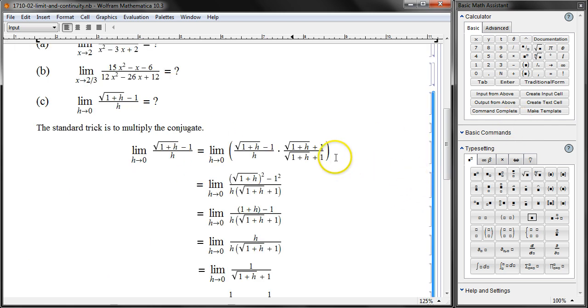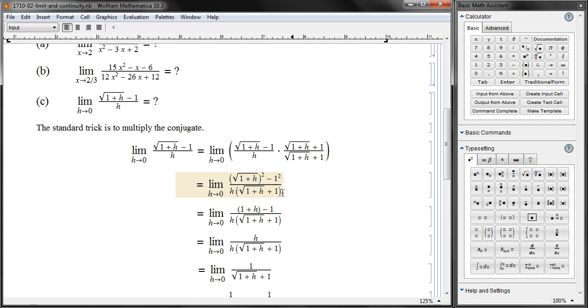Here's the solution. Multiply the conjugate of the numerator to both numerator and denominator, and then apply the expansion formula a minus b times a plus b. And that's a squared minus b squared, as you see in this numerator. Even if you don't see it, if you fold it out and do your computation, you're going to get it eventually.